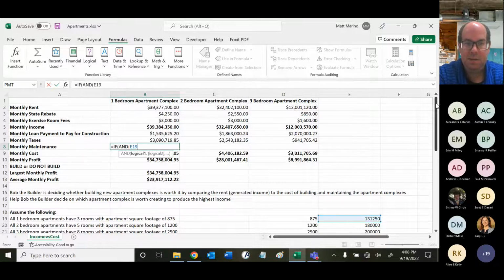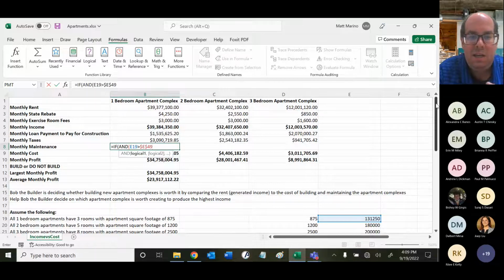Usually on the exams, and I'll point this out when we do the review, it will literally give you these specific words. And you'll have to look at them and say, oh, okay, this should be an AND or an OR nested inside an IF.